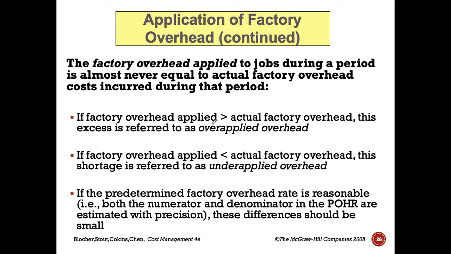If the predetermined factory overhead rate is reasonable, in other words, both the numerator and denominator in the predetermined overhead rate are estimated with precision, this difference should be small.